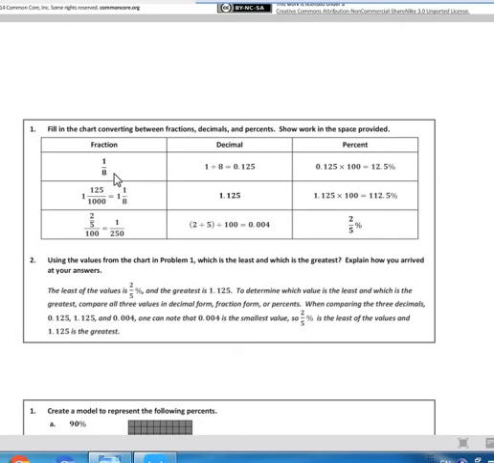Here 8 times what gives me multiples of 10? 8 times 125 will give you 1000. Then here I multiply the denominator by 125 and multiply here the numerator by 125.